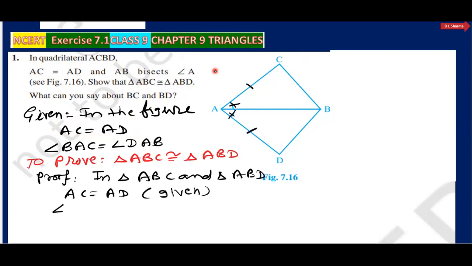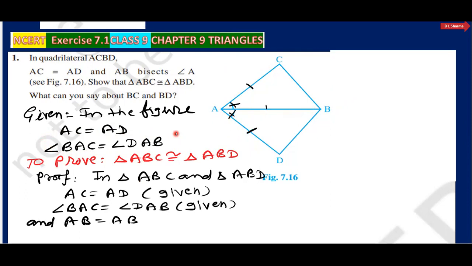Angle BAC is equal to angle DAB, that is also given. And AB is equal to AB. You know why? Because this side is common. See, we have got three things.